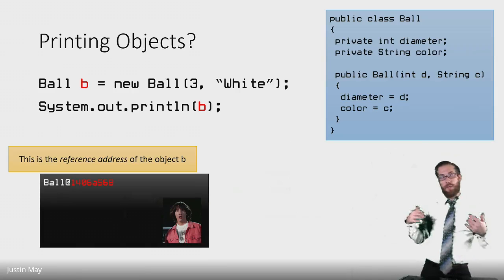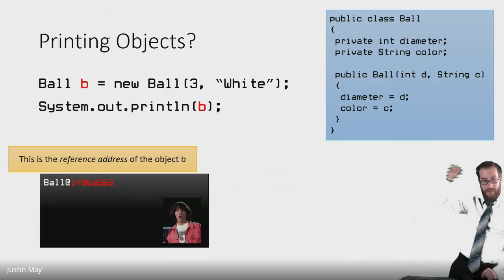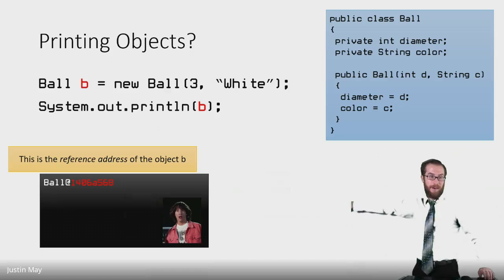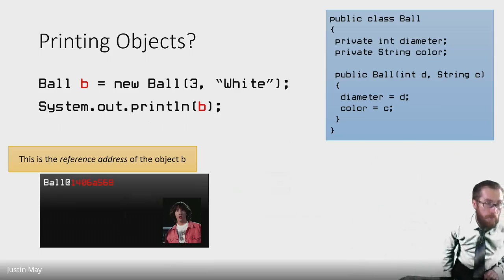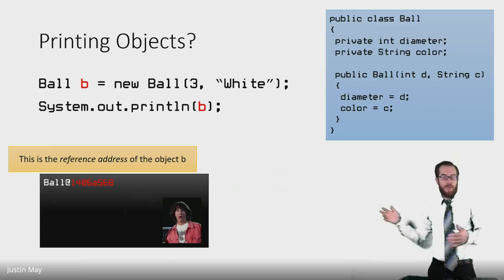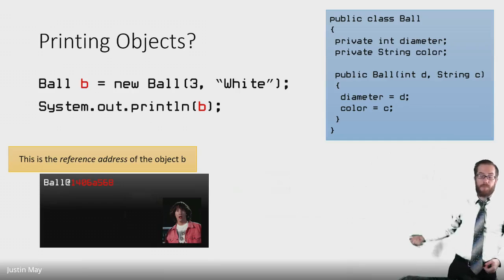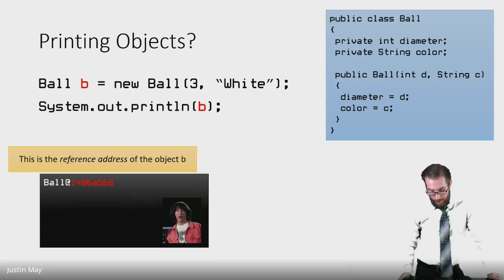It's stored at a location. It has an address. That address is actually what's stored in that variable. So in this case, the variable b actually contains this value, Ball at 146A568. And the computer uses that to look up the actual data that was the state of the object from the memory. So that's what gets printed.